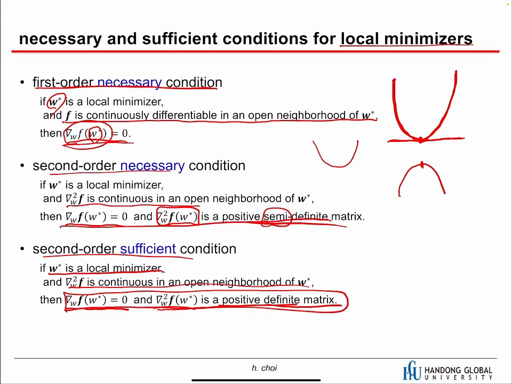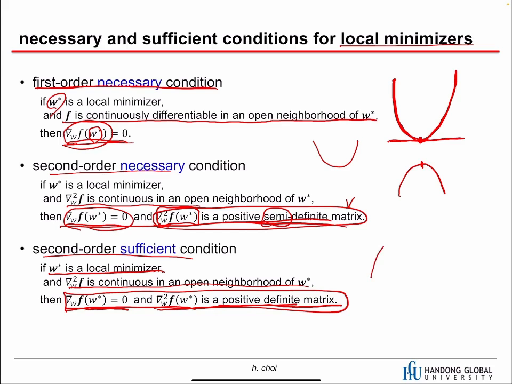Then what kind of case do we have when the gradient is 0 and the second derivative is positive semi-definite, but it is not a local minimum? When can we have this kind of case?